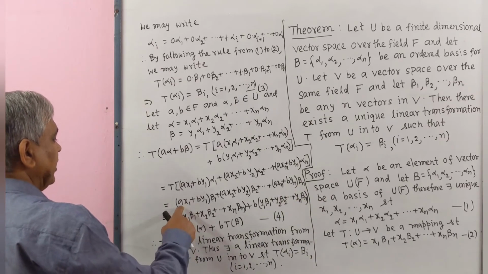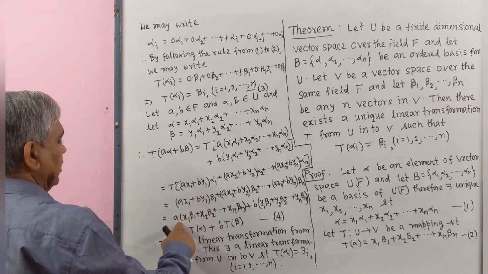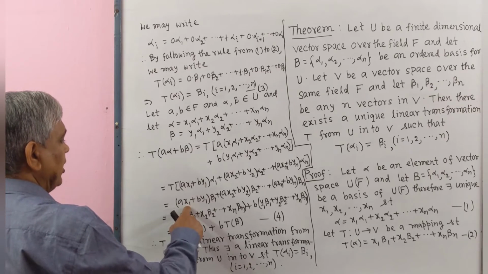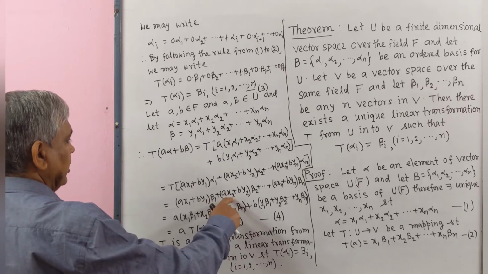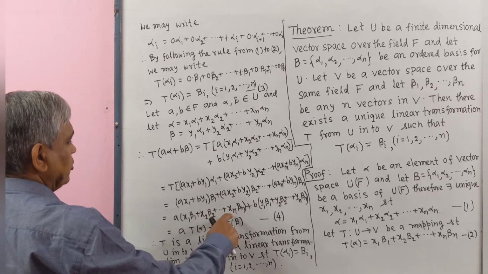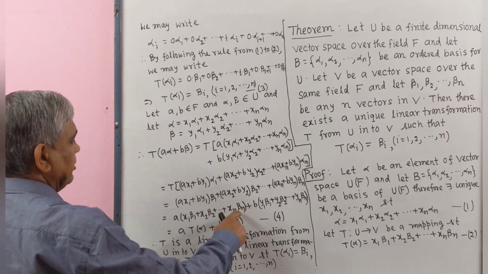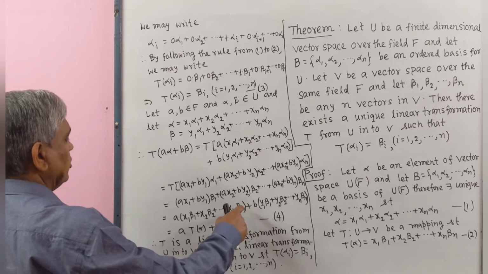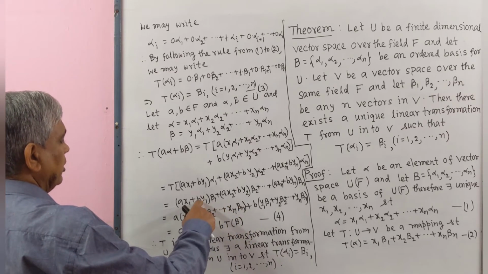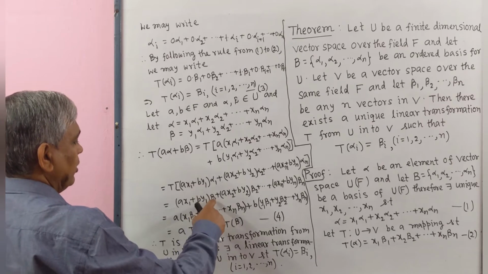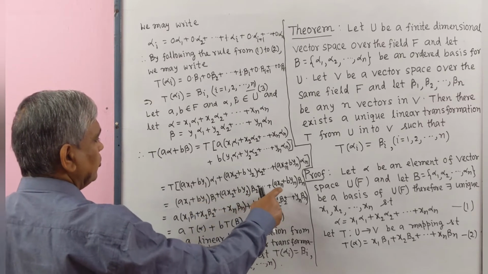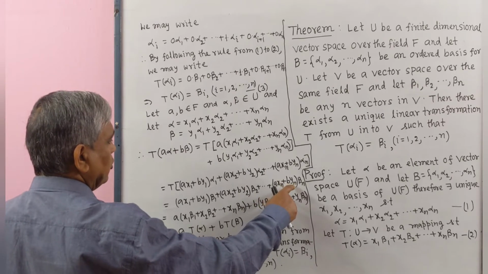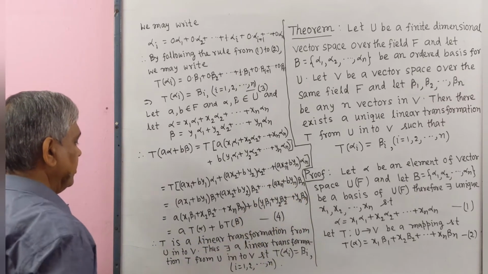Now we take common a, remains x1 beta 1 plus x2 beta 2 plus ... plus xn beta n, plus we take common b, remains y1 beta 1 plus y2 beta 2 plus ... yn beta n.